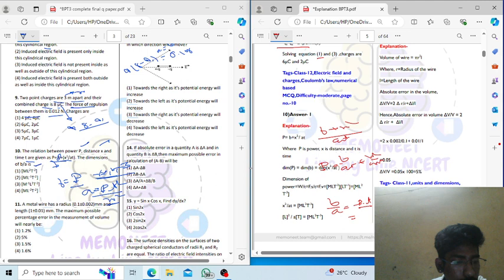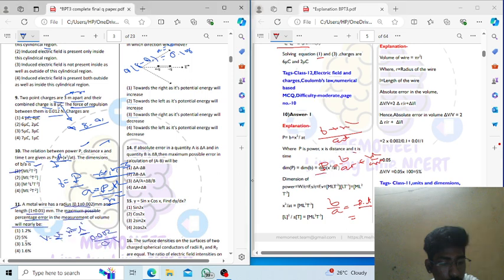So in place of r, it will become 0.002 divided by 0.1 into 2, because the exponent is 2 there, plus delta L by L. Here the L is given as 1, so we can take the error of L equal to 0.1. If we calculate all of this, you will get 0.05. So multiply it with 100, it will become 5%. Sorry for that.